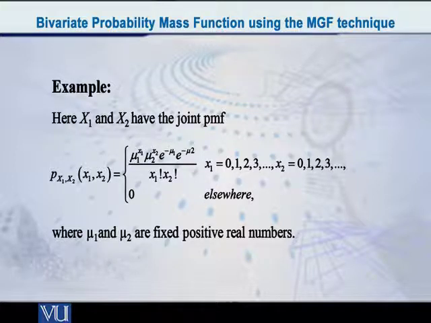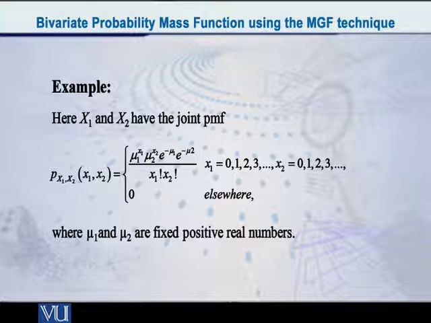And similarly, for the random variable x2, if it is Poisson with parameter mu2, its PMF is given by e raised to minus mu2 into mu2 raised to x2 over x2 factorial, where x2 is equal to 0, 1, 2, 3, and so on.